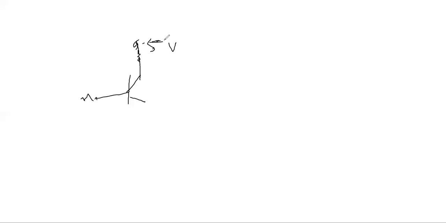We have RB here, and here is the emitter, and we ground it. We take output from here, and the voltage that is dissipated at this resistor is RC.